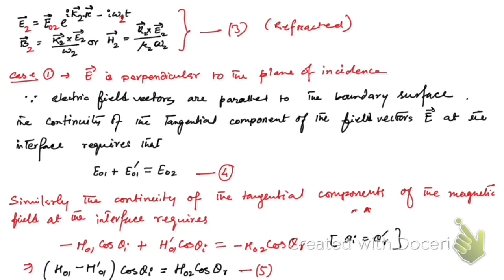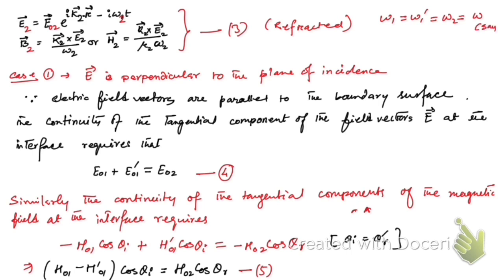But remember that omega 1 dash and omega 2, all three frequencies are equal, and let me consider each of them to be omega.